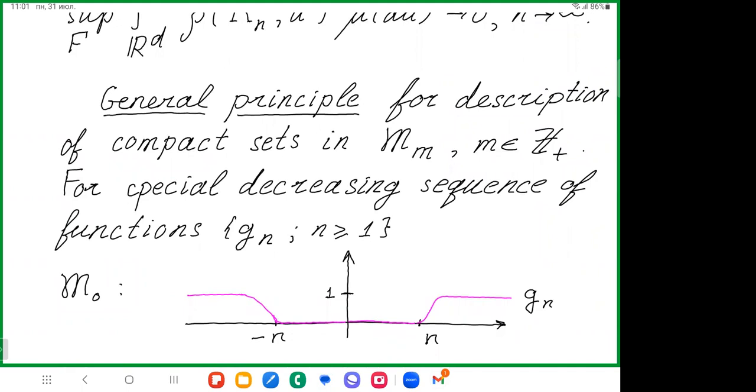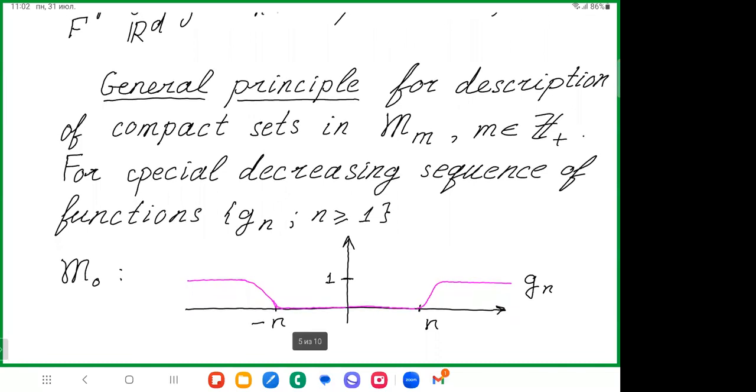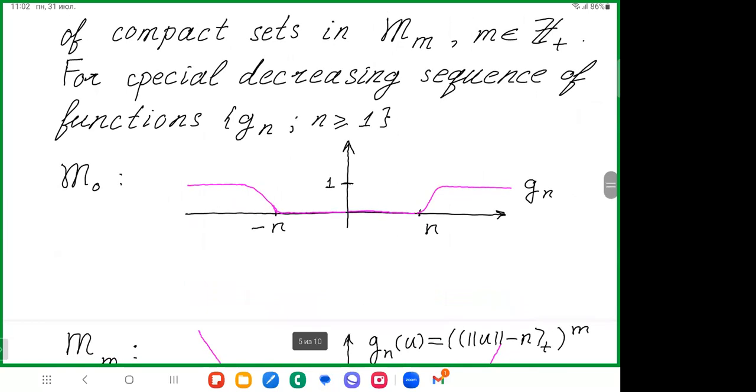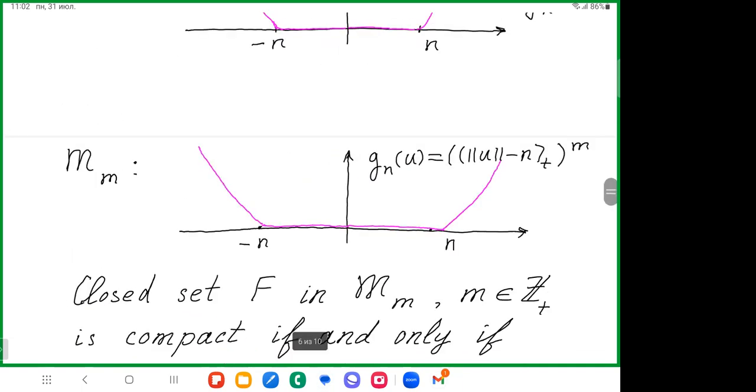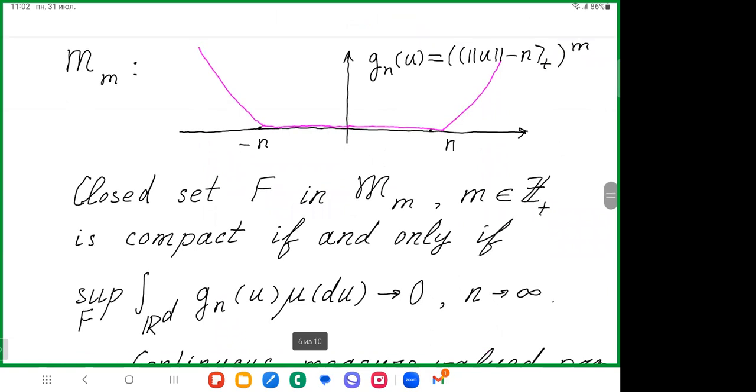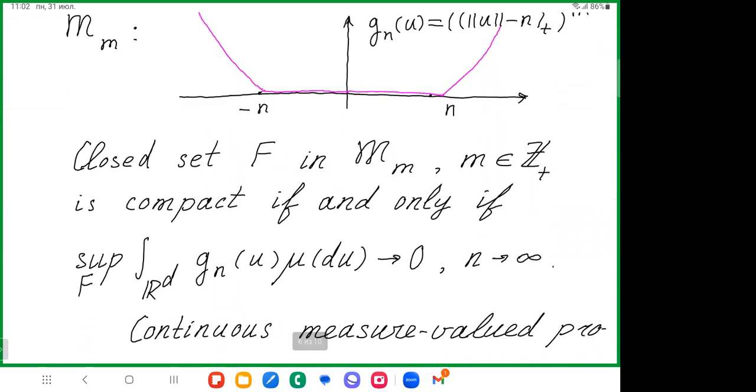For a special decreasing sequence of functions g_n, you see g_n for m = 0, this is, for example, the distance to a compact like a ball of radius n, and here again the distance to a ball of radius n, but in the m-th power. A closed set F in M_m is compact if and only if the sup of such integrals tends to 0.